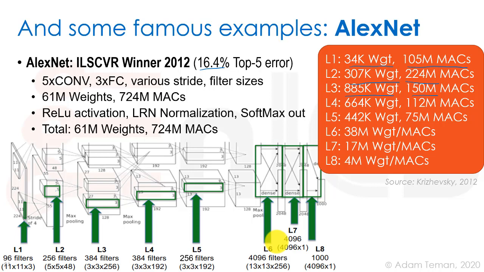There are many millions of computations, and also what you can see here is that the number of weights in the convolutional layers is relatively small because we do this weight sharing, even though they have a ton of computation. While there are a lot of weights in the fully connected layers. The fully connected layers are really expensive because we do no weight sharing. Each weight is used exactly once, but the computation is lower than in the convolutional layers.